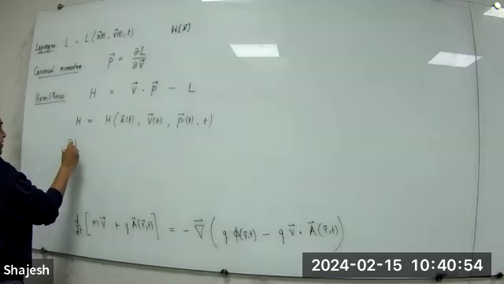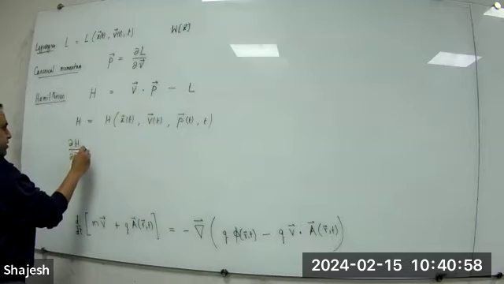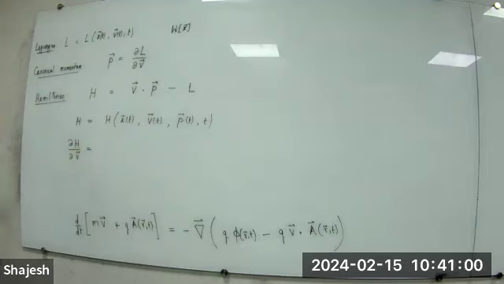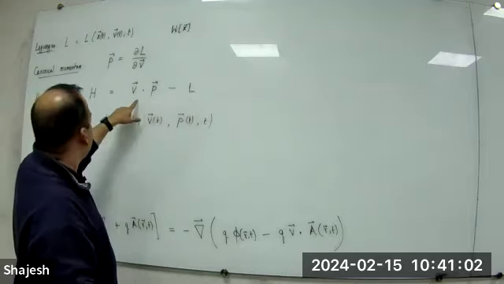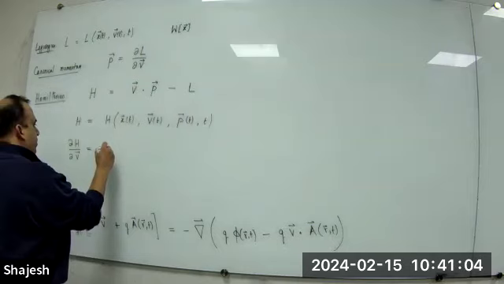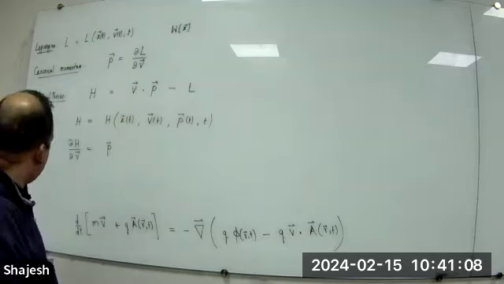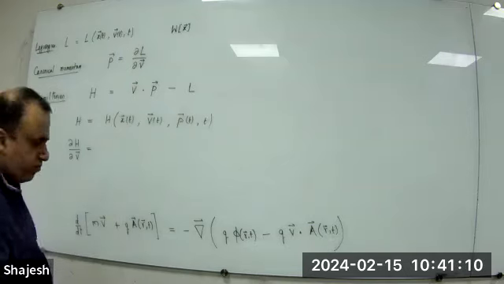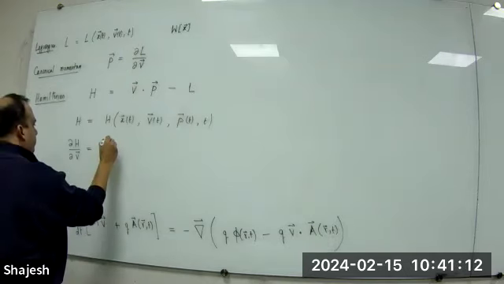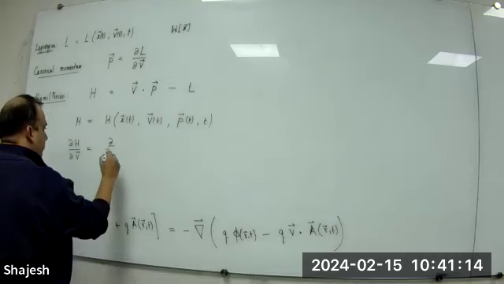So let's calculate the partial derivative of H with respect to V. In here, it is just P. So I'm using this. Let me do that in two steps.